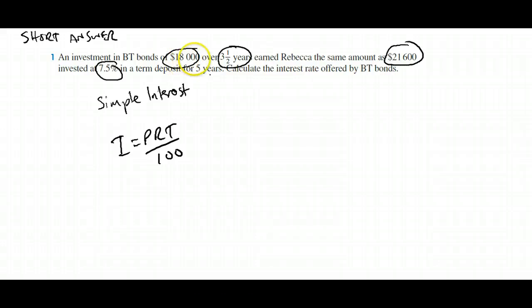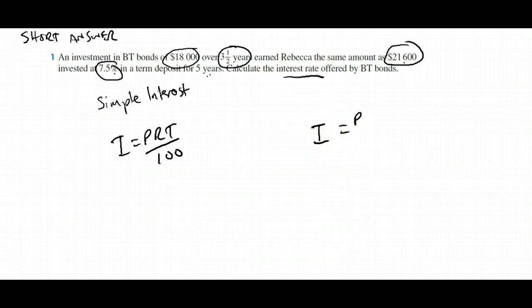Now we need to work out, for the first one we know the principal and the amount of time, we don't know the interest rate. That's what we need to work out for the first one. For the second one we know everything. We know the principal, the interest rate and the amount of time. So we've got two things going on here.